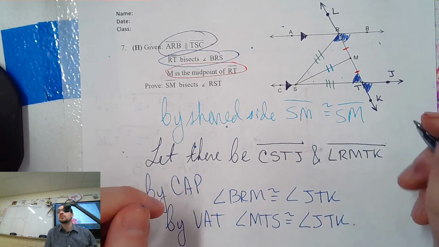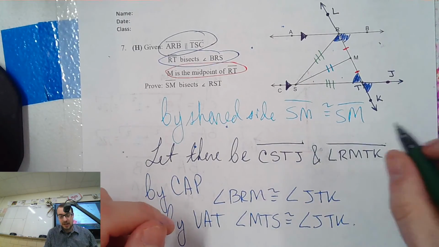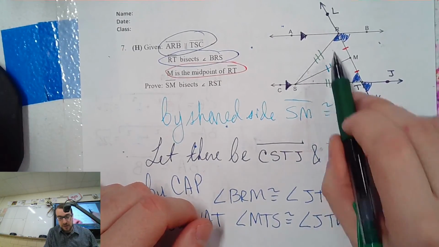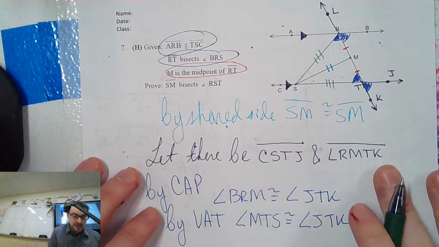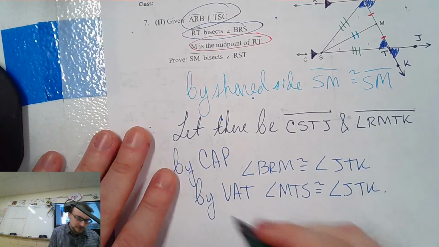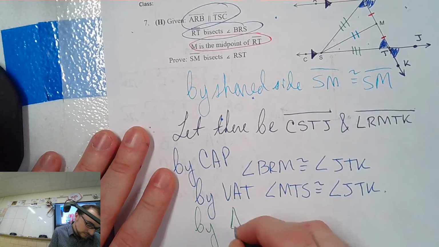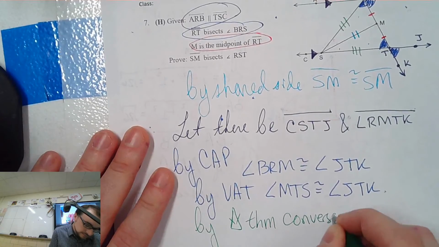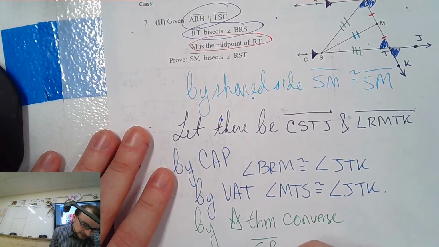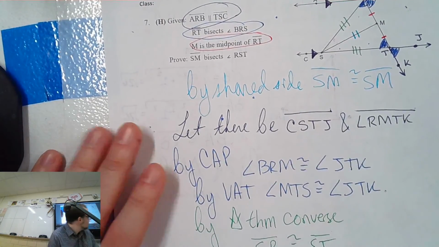Don't forget to see the big picture. A lot of you got these two together for the two individual triangles, but you're forgetting the big triangle. We know those two are the same by the isosceles triangle theorem or converse? Yep, because we're starting with the angle. We know side SR is congruent to side ST.